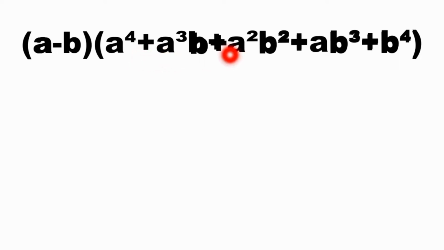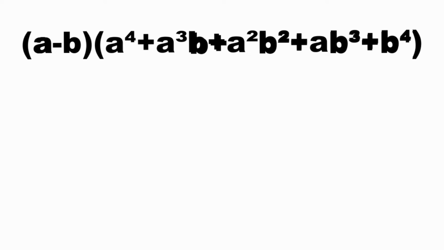Then the power of A is 4, and it's descending in the polynomial, 4, 3, 2, this is 1, and the power of B is ascending here 1, here 2, 3, and the last is 4.